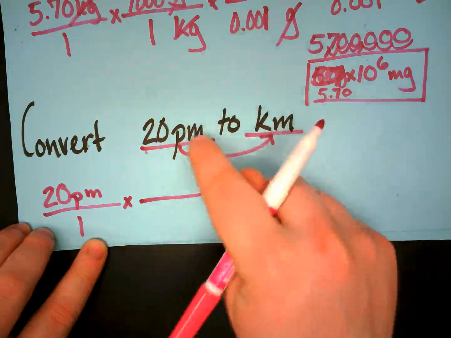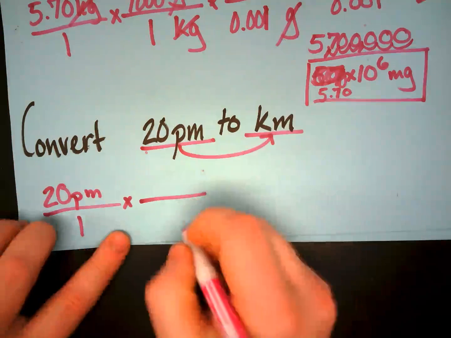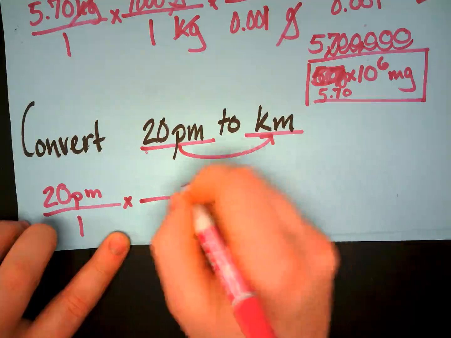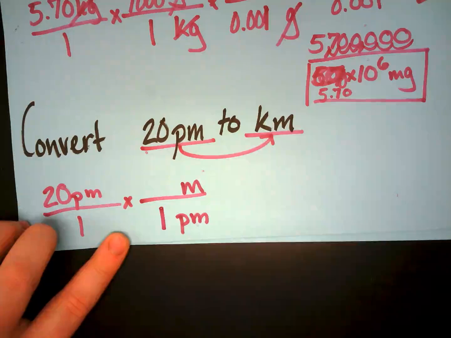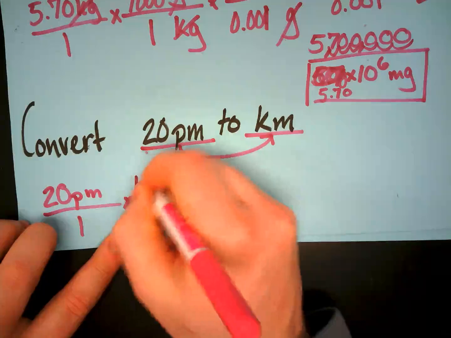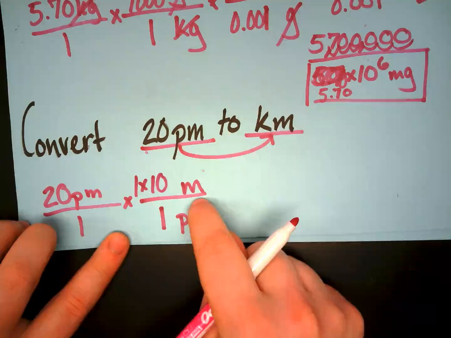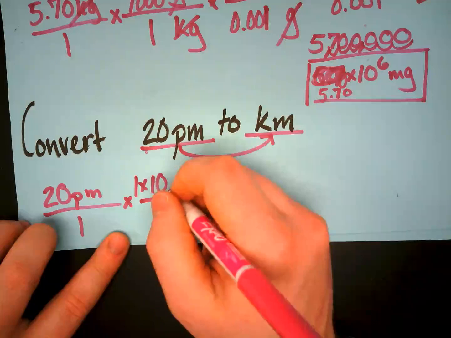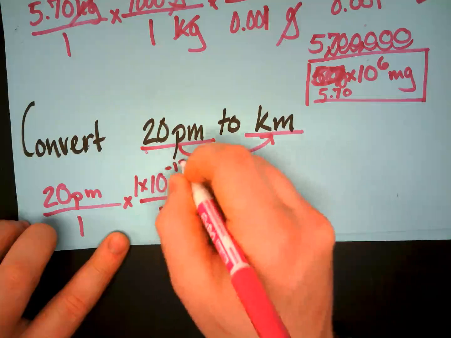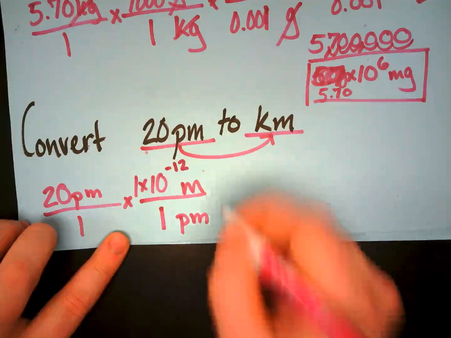And again, same thing up here. We need to convert picometers into meters. So picometers goes on the bottom, meters goes up top. Pico gets the 1 because it has the prefix, whereas the meters is going to get its little dude here, which is 1 times 10 to the negative 12th power. Okay.